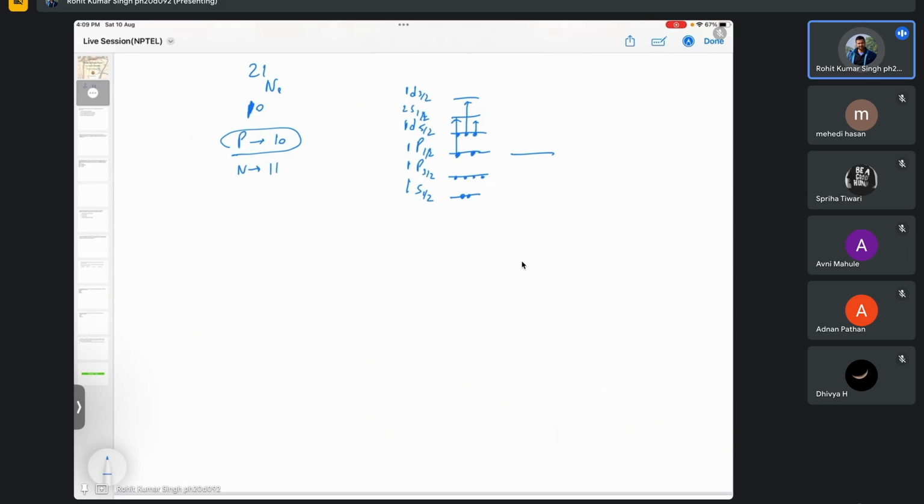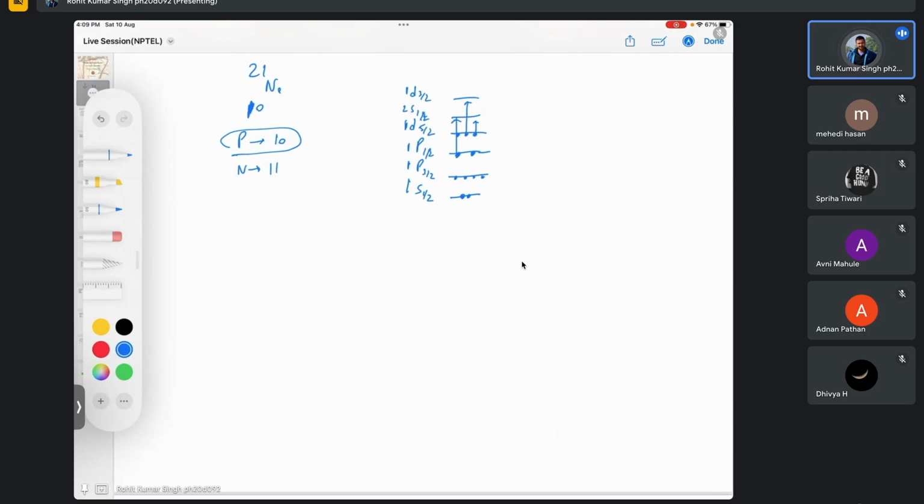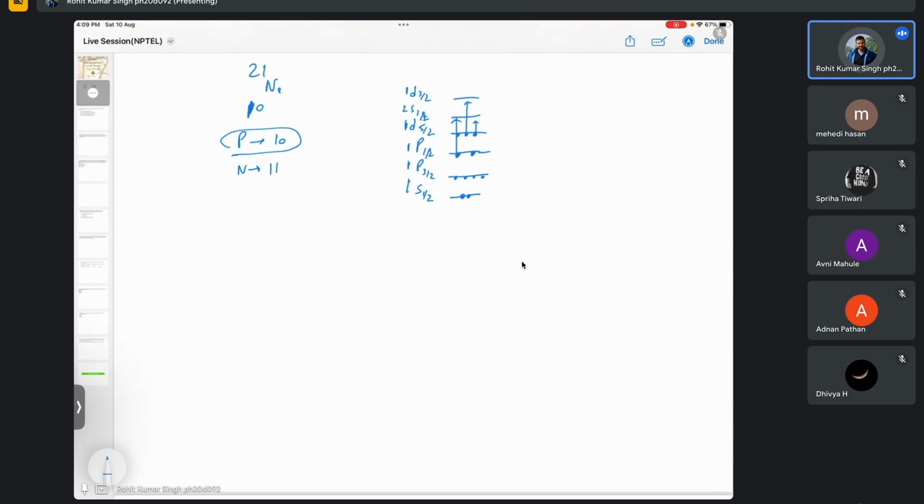We cannot say for sure what states we will observe. It's an experimental problem. What you do is you go and measure, you do nuclear spectroscopy, or there are other methods, and then you see what kind of excited states are there for this nucleus, and from there you conclude which excited states are there.